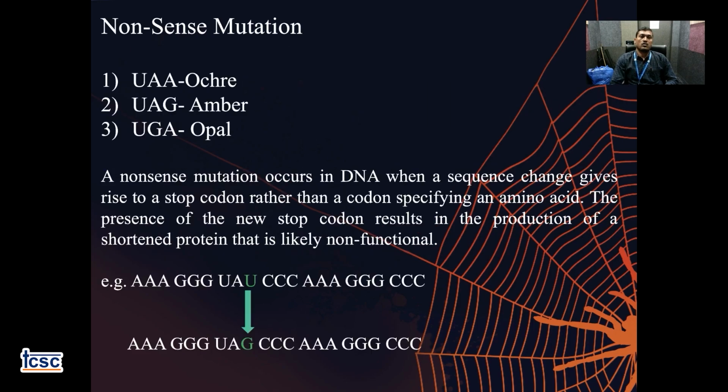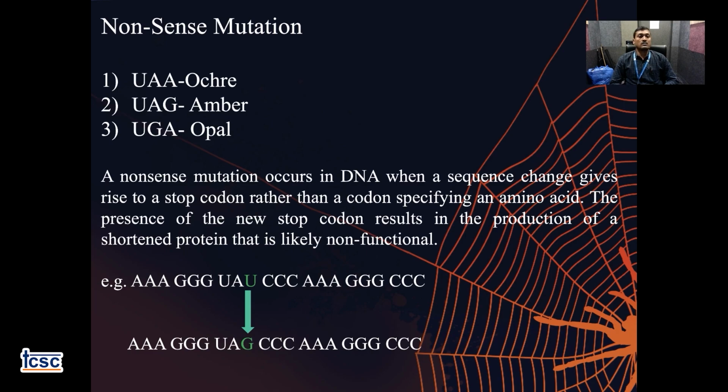Now, nonsense mutation. For better understanding of nonsense mutation, we have to know about stop codons, or nonsense codons. Why are they called stop codons, or nonsense codons? For example, UAA is the ochre codon, UAG is the amber codon, and UGA is the opal codon.